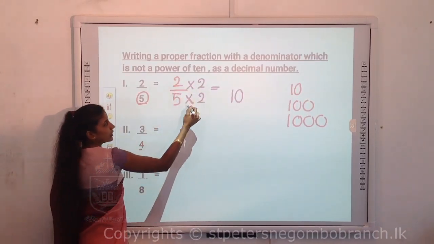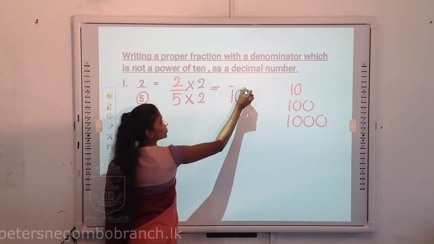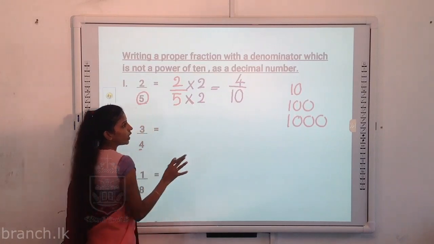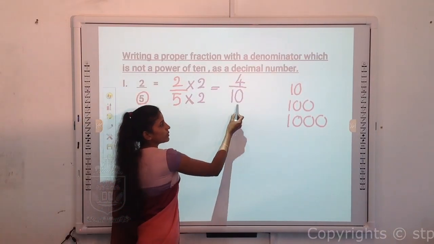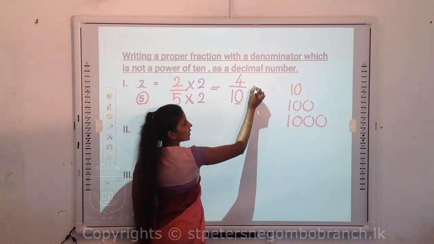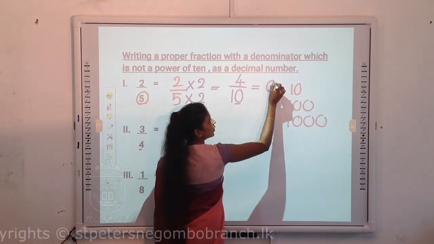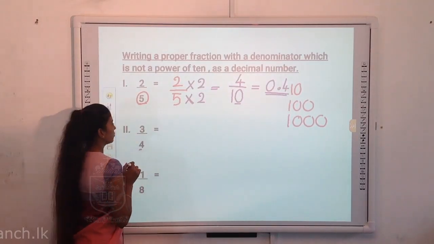Both the numerator and denominator should be multiplied by the same number. So 2 times 2 is 4. Now you have 4 over 10, a power of 10, so you can express it as a decimal: 0.4. It's very easy. 0.4.